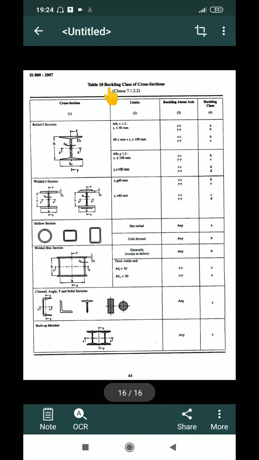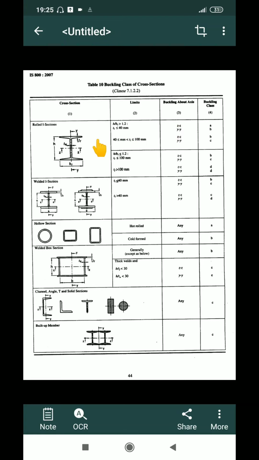And this is table number 10, which gives us the buckling class of a cross section, which is available in IS 800 2007 page number 44. Here buckling classes are given like A, B, C and D, and these classes depend upon the limits which are given in these columns.